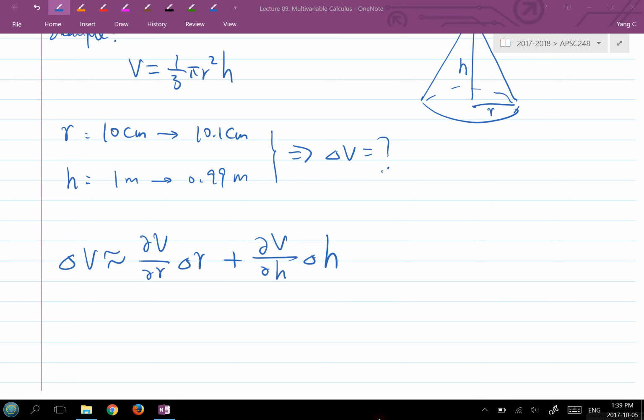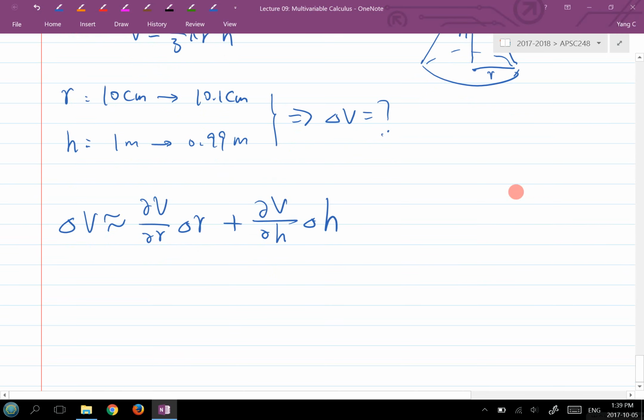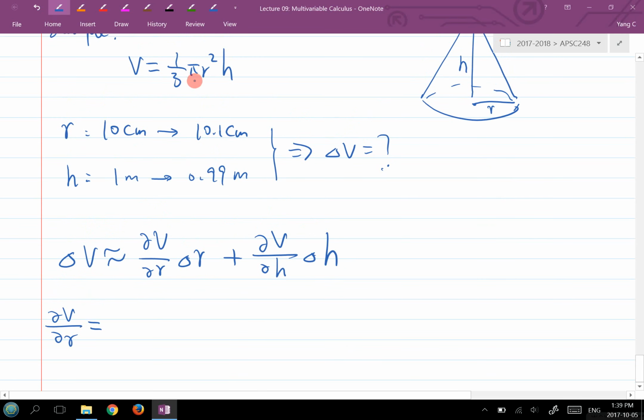So what's delta r, what's delta h, or what is partial v over partial r? Those are all the pieces we have to figure out. Let's write partial v over partial r separately. Here's your v, 1/3 pi r squared h.